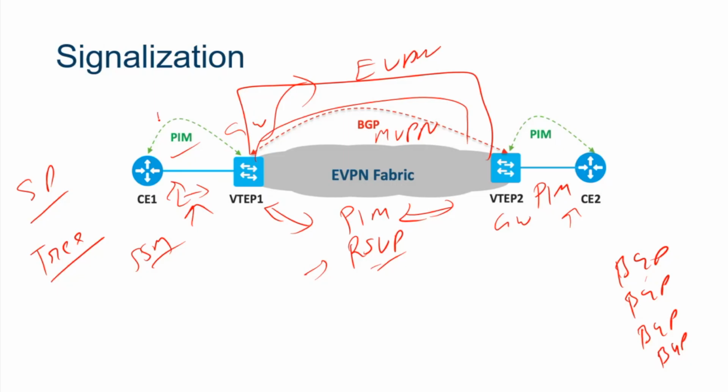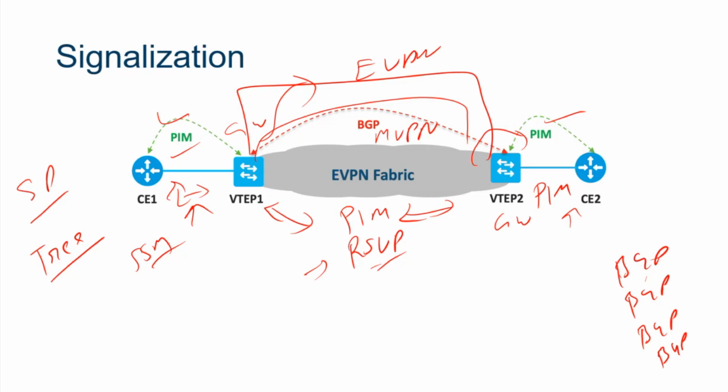Here it is PIM, as you see on the slide. That means PIM has to be seamlessly translated to an MVPN, and at the other end, it should again translate it to PIM so that you have this end-to-end flow.